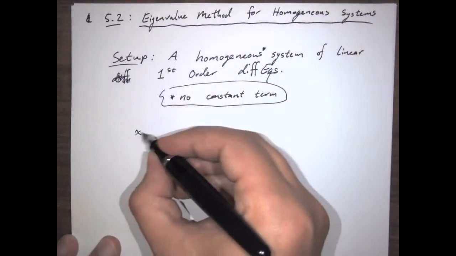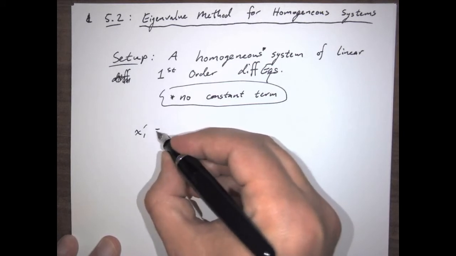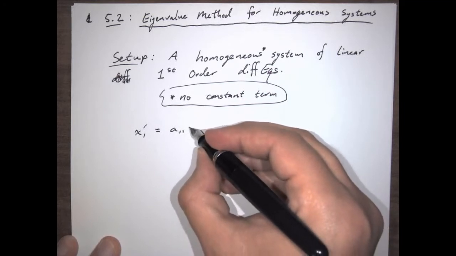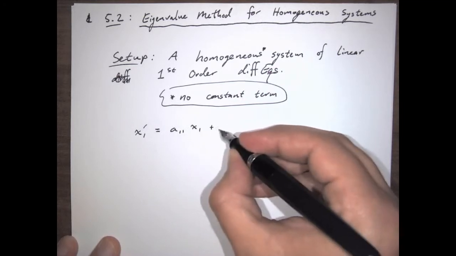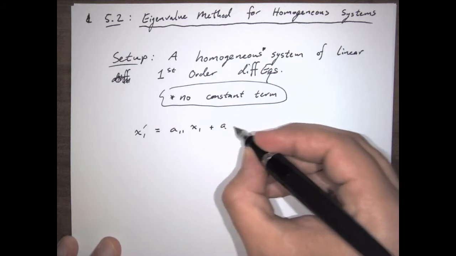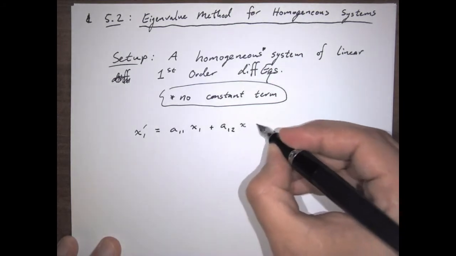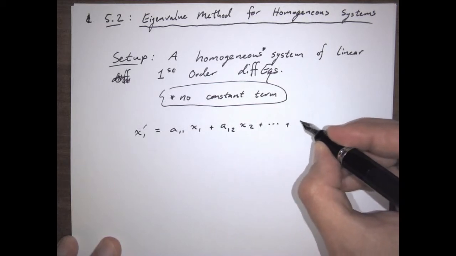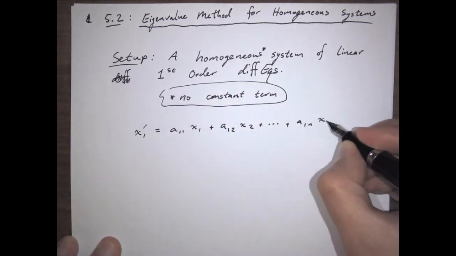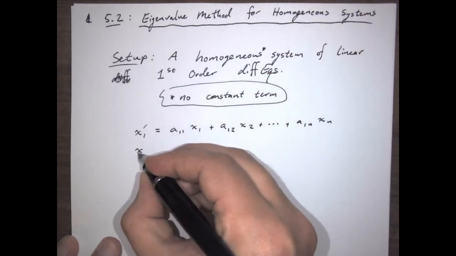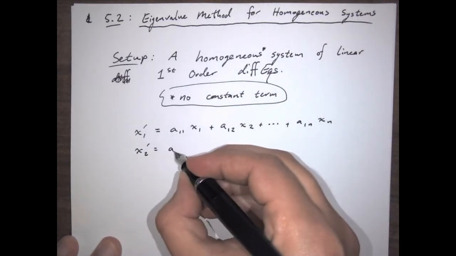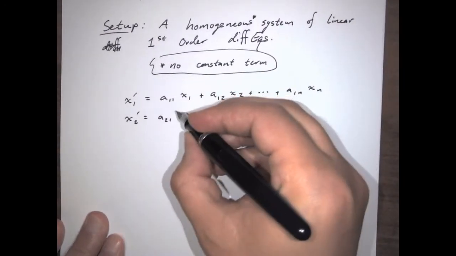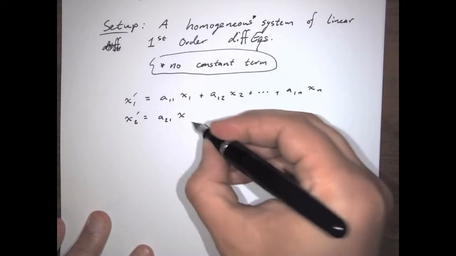So then what it looks like is x1 prime is equal to some coefficient a11 x1 plus a12 x2, dot dot dot, up to a1n xn. Then x2 prime is equal to a21 x1 plus a22 x2 plus dot dot dot a2n xn. So we've got a system of double indices, just like with matrices, and it's no coincidence.